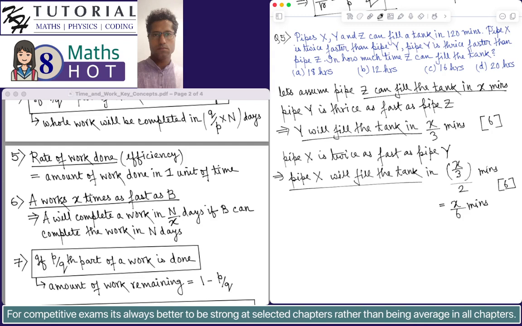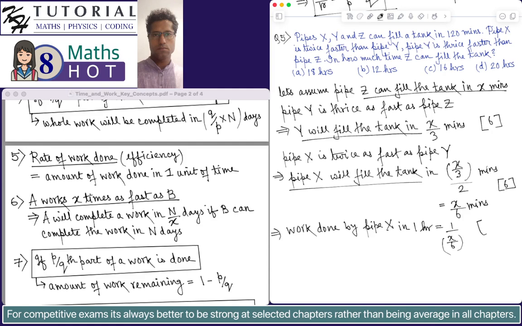We can say that this will imply that the work done by pipe X in 1 hour will be equal to 1 by x by 6, because we know that pipe X fills the tank in x by 6 minutes. So work done by pipe X in 1 hour will be 1 by x by 6.